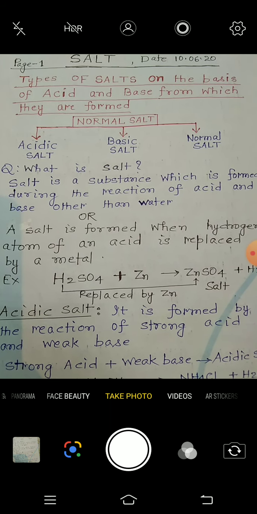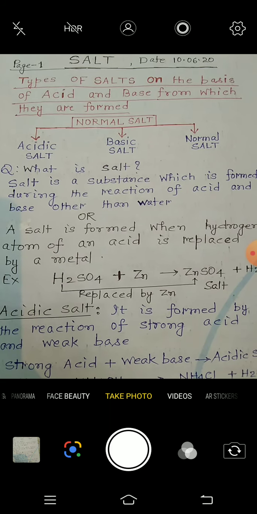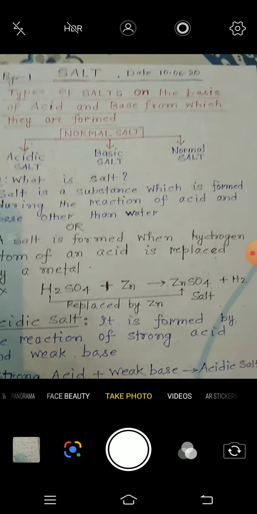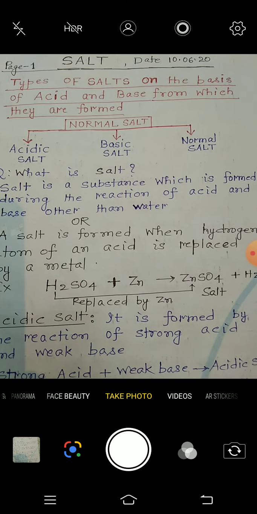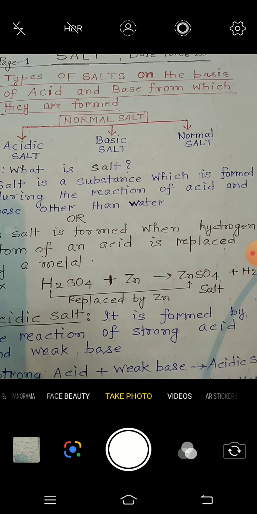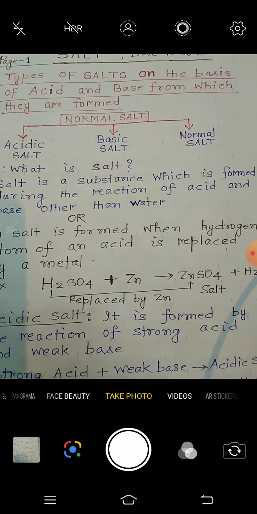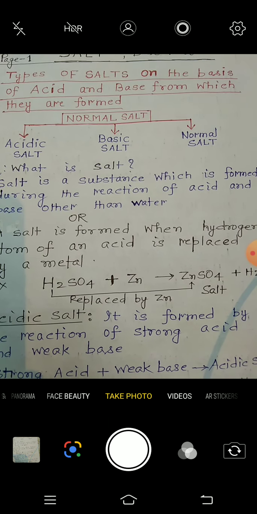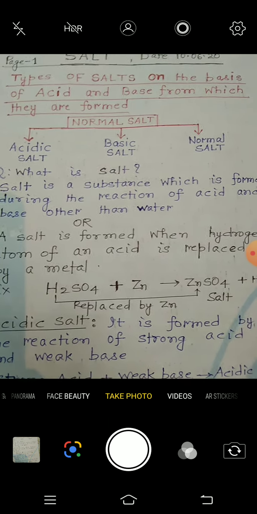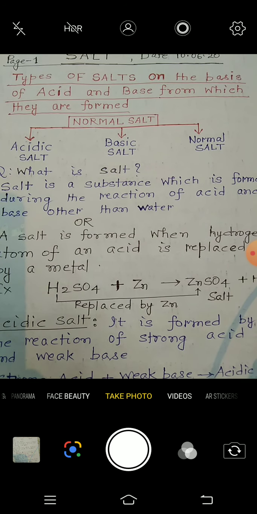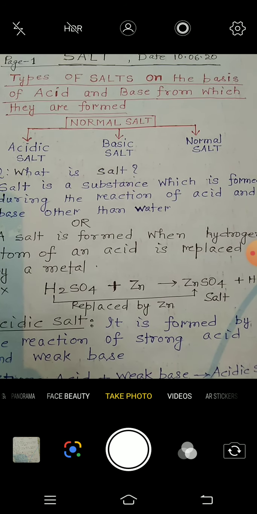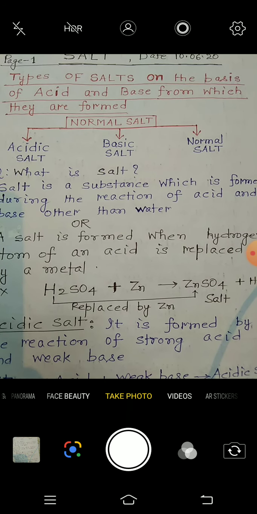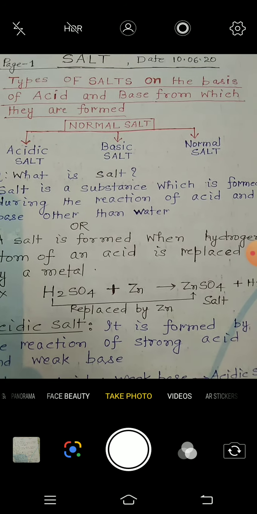Today, I am going to teach you again the classification of salt on the basis of the pH value or the property of the salt solution, or on the basis of the acid and base from which the salt is prepared.